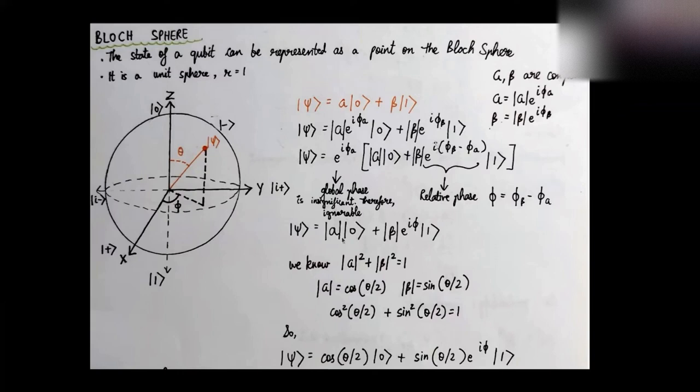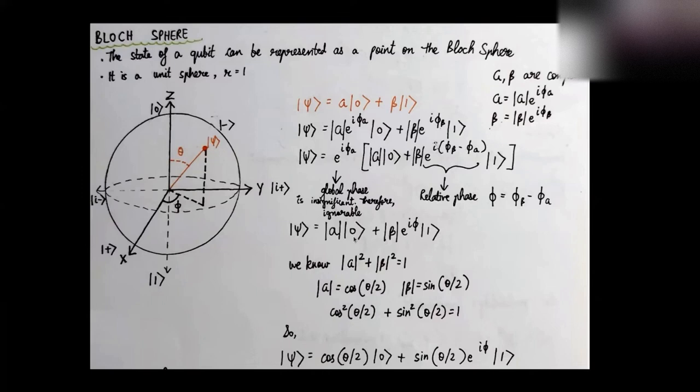Therefore, in the next equation, we see that we've ignored the global phase, but we've kept the relative phase, and we've taken a term phi to represent phi beta minus phi alpha. And this phi is over here in the Bloch sphere. And after I've completed talking about this derivation, then I'll talk about what this phi is.